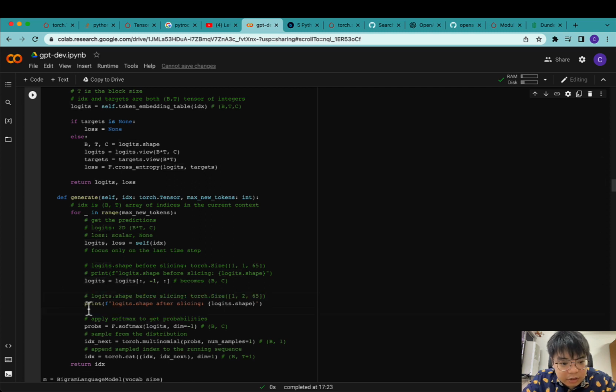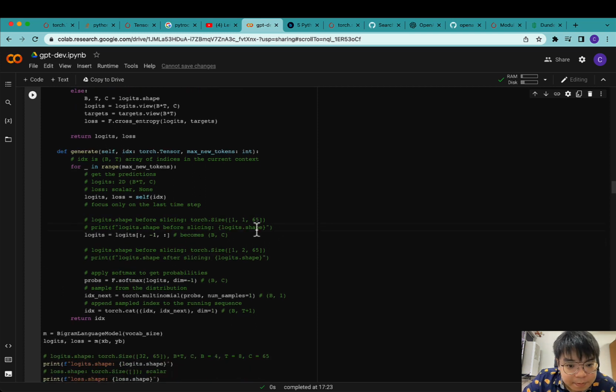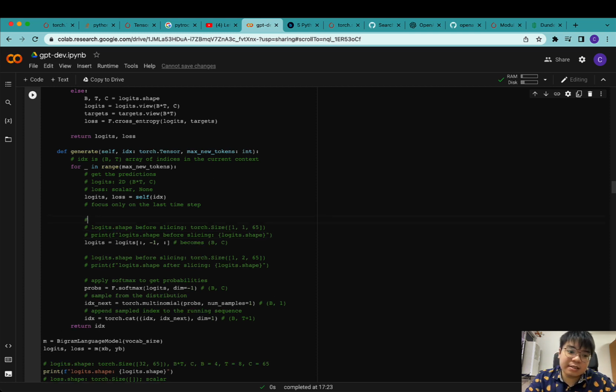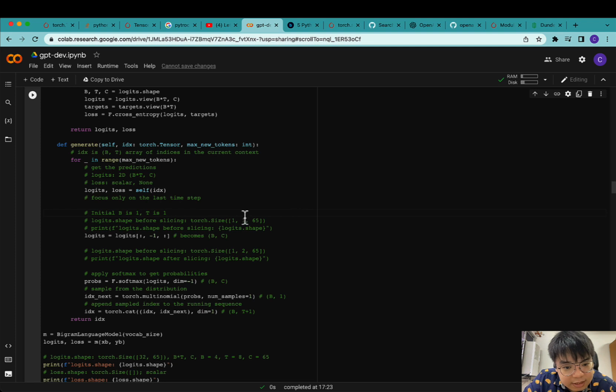Okay, so it looks like the initial B is 1, and T is 1 in this case. So we are increasing the block size every time we generate.